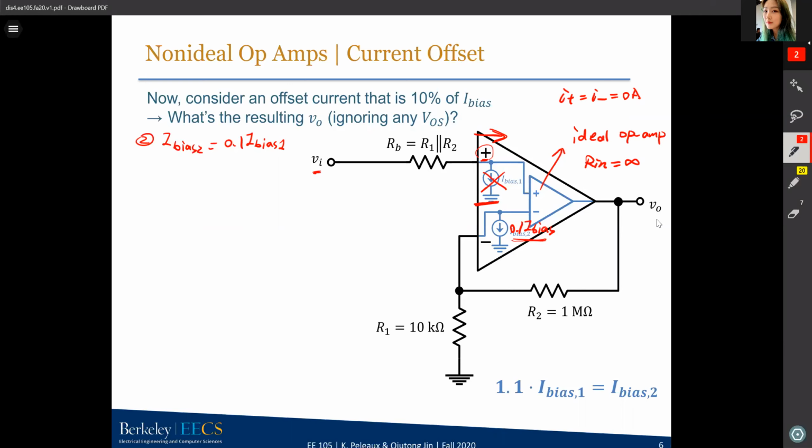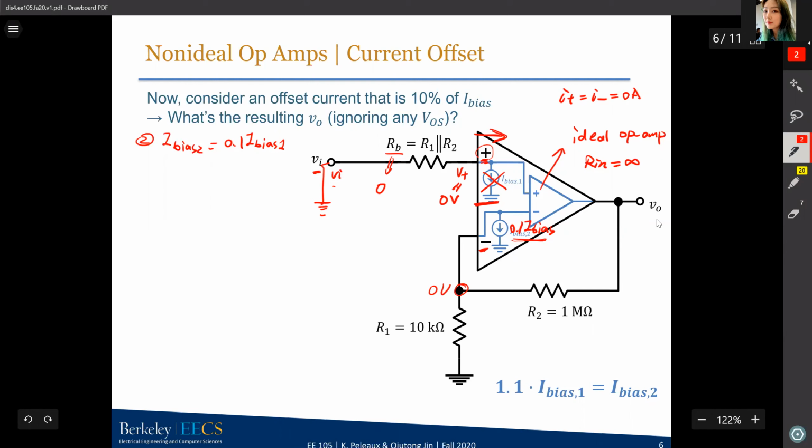That means the current that's flowing through RB equals 0. There will be no voltage drop across RB. So VI will just equal V plus. So these two are equal. If we ground the VI, that means V plus will just be the same as 0 volts. And for an ideal op amp, V plus always equals V minus. That means you will also have 0 volts at this node.